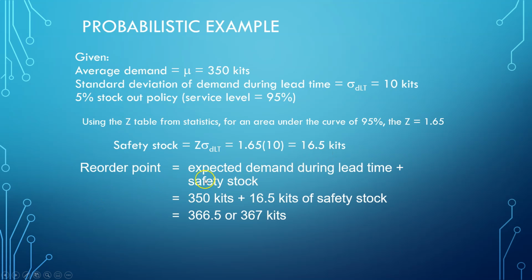The reorder point is the expected demand during lead time plus safety stock, in this case 350 plus 16.5 kits of safety stock. So that will be a total of 366.5, or of course, since we cannot split units, 367 kits.